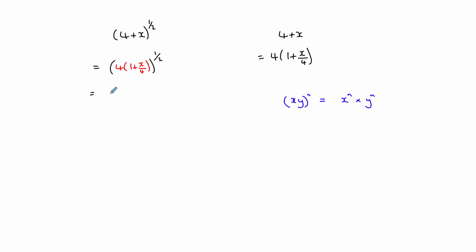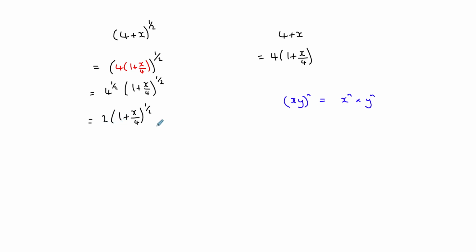So this is going to be the same as 4 to the power of a half times 1 plus x over 4 to the power of a half. And then, because this is just the square root of 4, which is 2, we're going to be working out 2 lots of that expansion, and that expansion starts with a 1, which means we can deal with it.